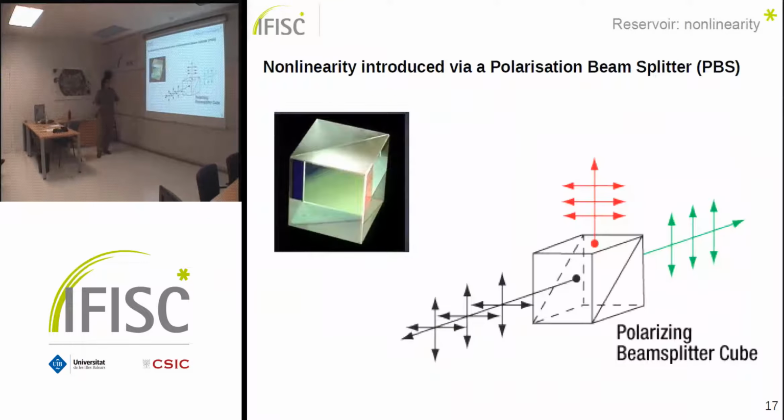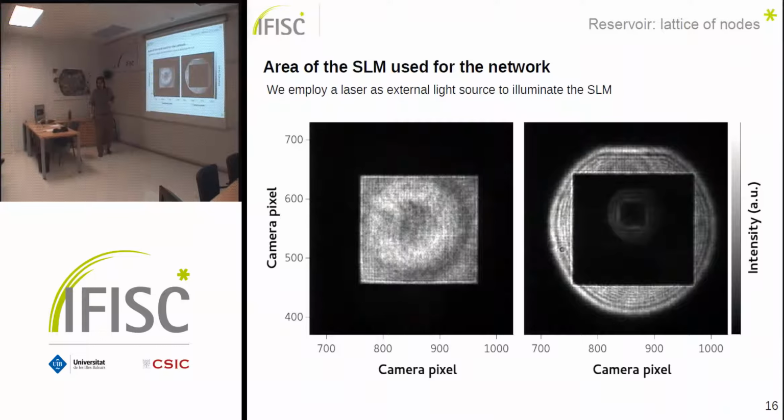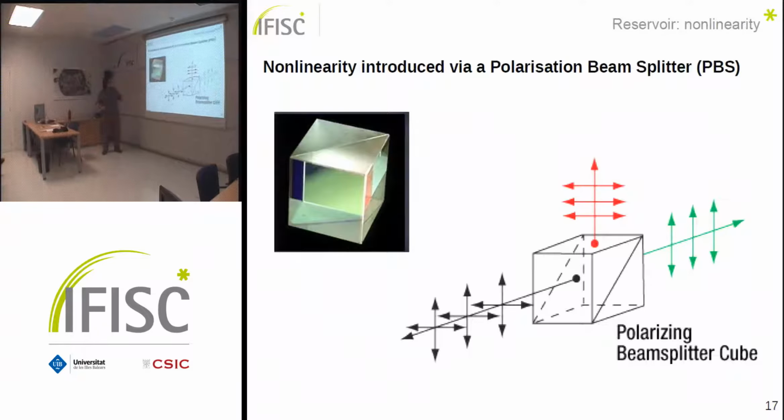Okay. So now that we have our nodes and they have light, we are going to give them some nonlinear properties. For that, we are going to use the polarization modulation that our SLM provides, and we are going to introduce in our system a polarization beam splitter. This device separates light with orthogonal polarization directions.